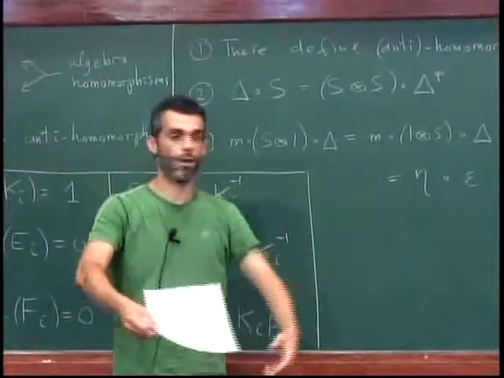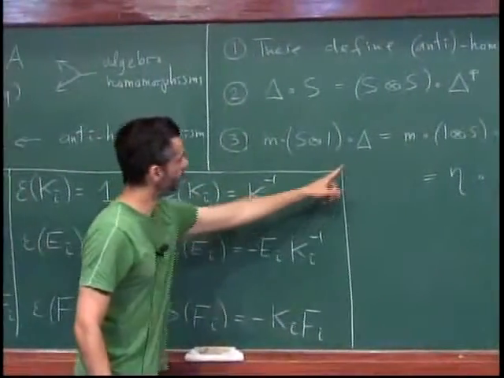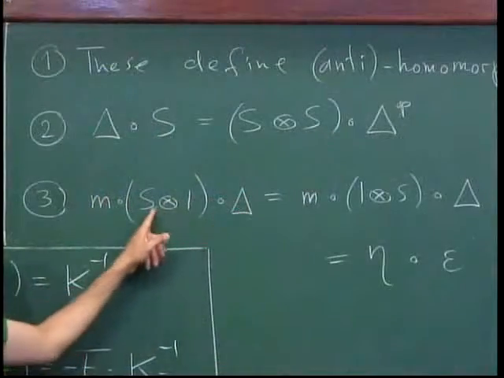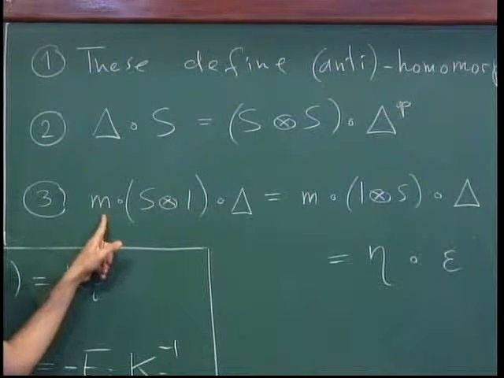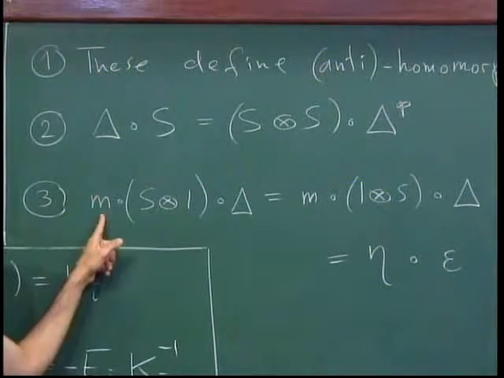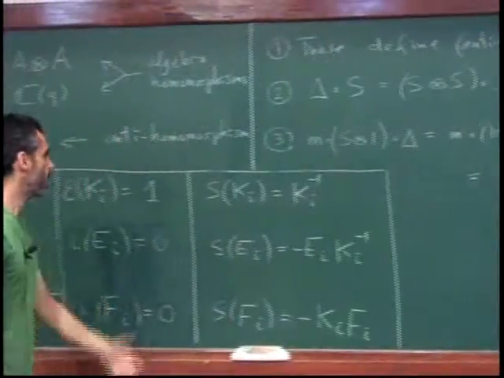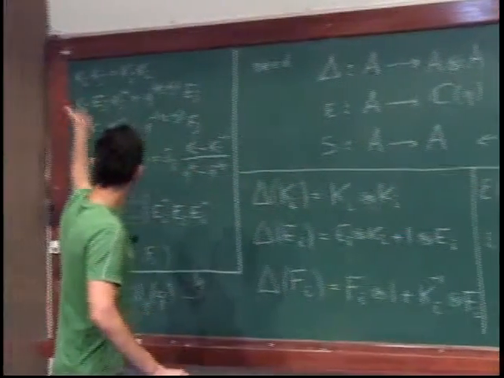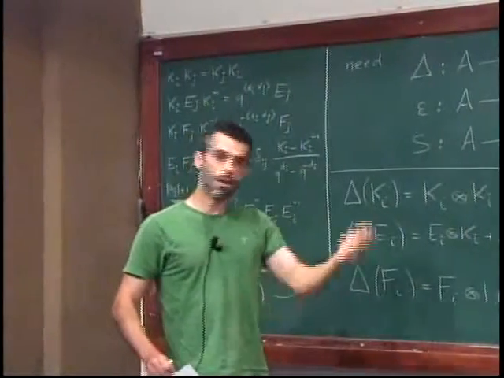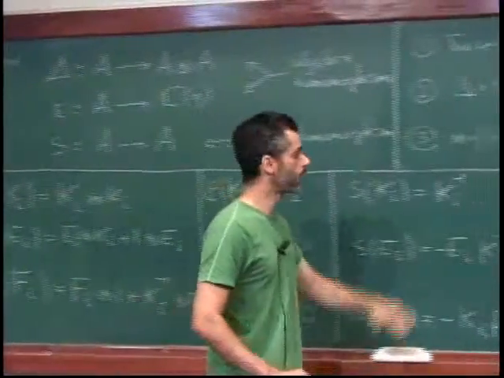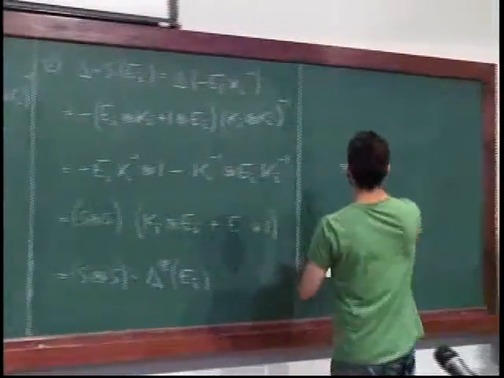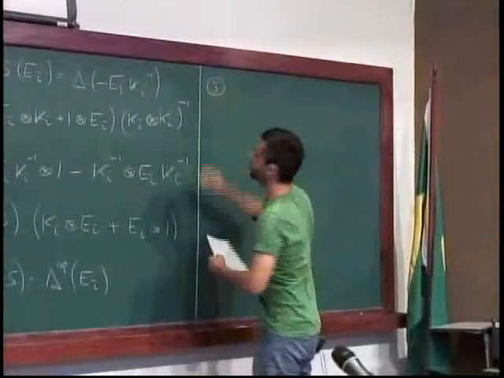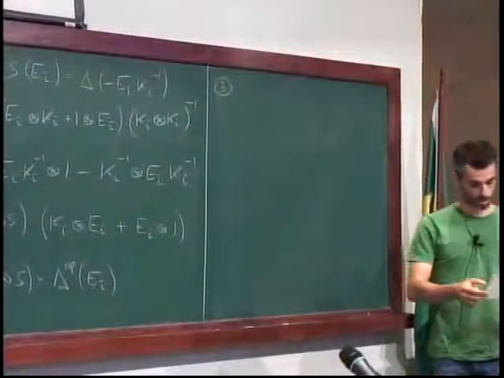And then you get the other thing for free. But if you look at that, that is an algebra homomorphism, that's an algebra anti-homomorphism. The multiplication is not an algebra homomorphism. And so a priori, even if I checked it for ei, ki, fi, it's not clear that I've checked it for everything. So rather than checking it for those generators, I'll give you the argument that says that it's enough to check it on generators.